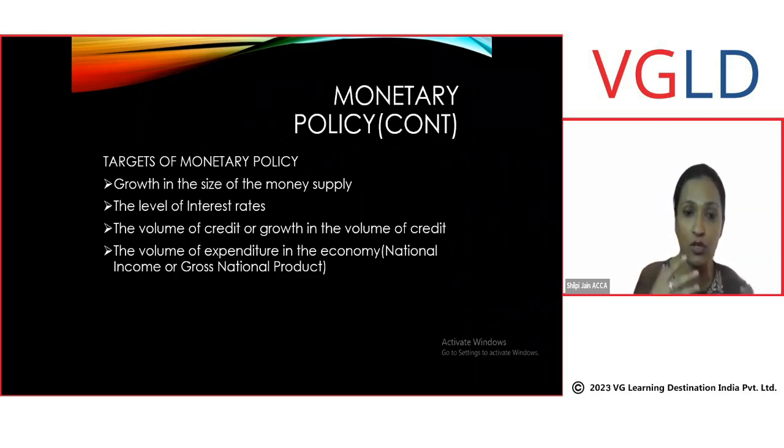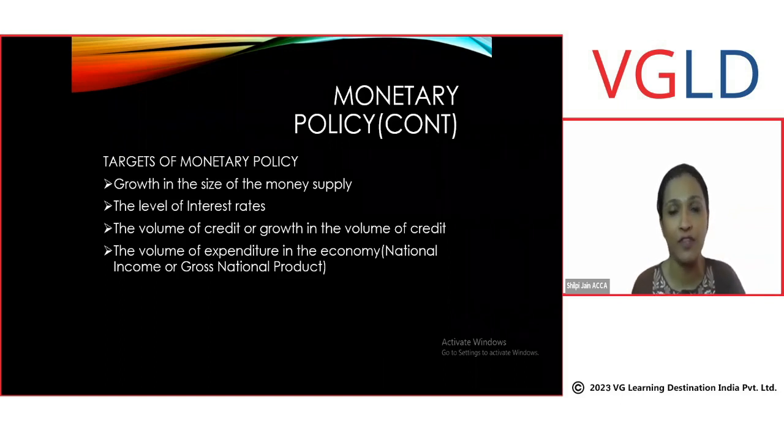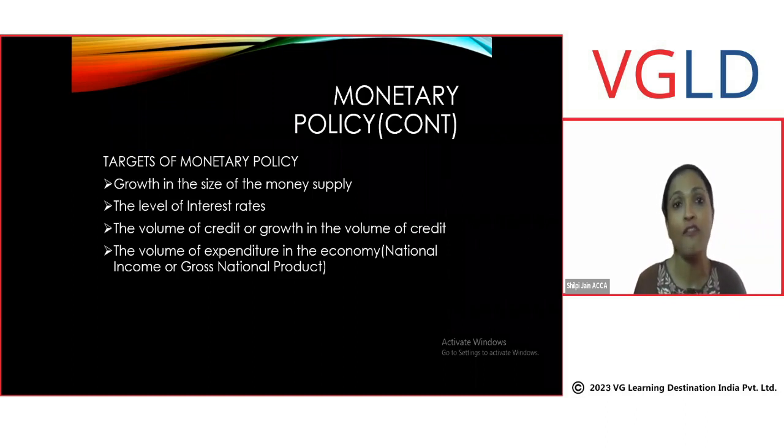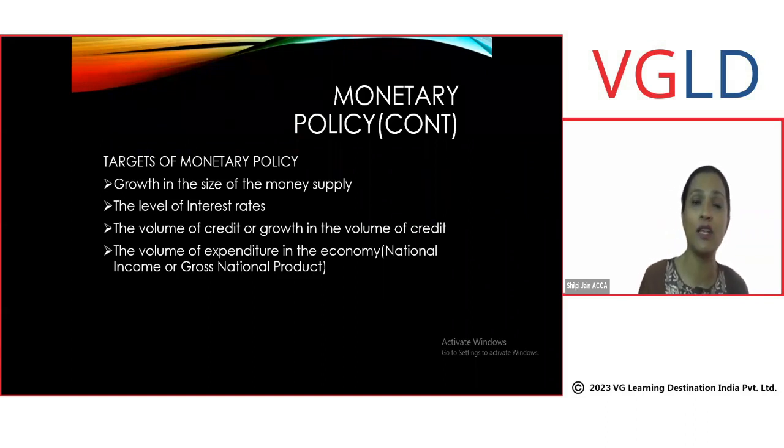So what is the GNP of the economy, the gross national product of the economy. All of these are monetary policy variables, and these are the targets which the government endeavors to achieve via the use of monetary aggregators like the supply of money and the rate of interest. 2 very important things that you should be familiar with, right?